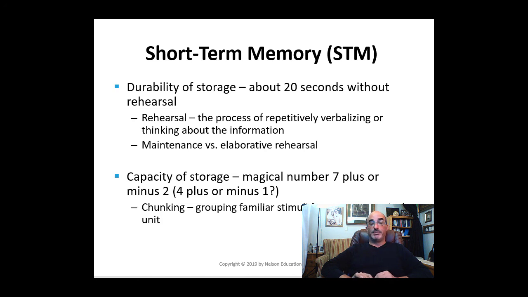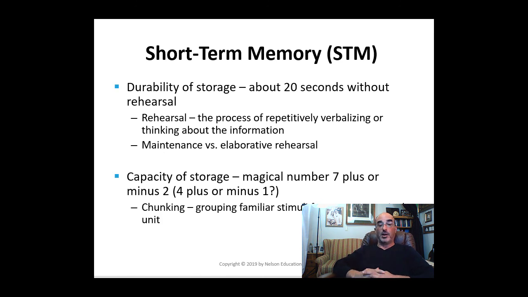Recent research is building consensus that we have overestimated our short-term memory capacity due to unaccounted-for subject chunking. A chunk of information is a group of familiar stimuli stored as a single unit.